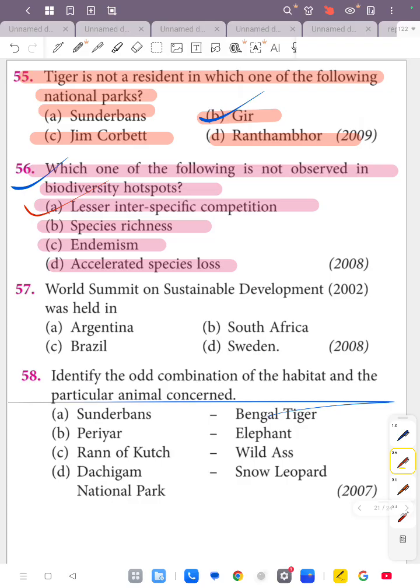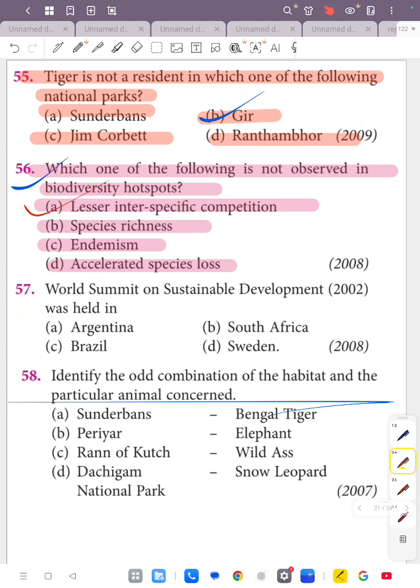Lesser interspecific competition is not a feature which is observed in biodiversity hotspots. I'll tell you why. How do we identify the criteria that an area has to fulfill in order to be referred to as a biodiversity hotspot? It is that high species richness or endemism should be there, more endangered species should be there, accelerated species loss, all of these are features.